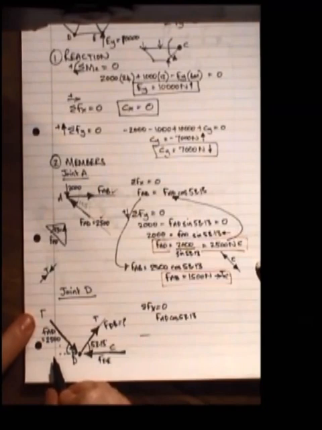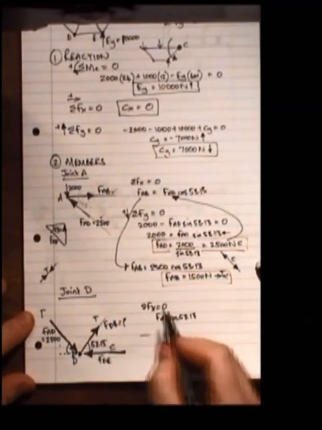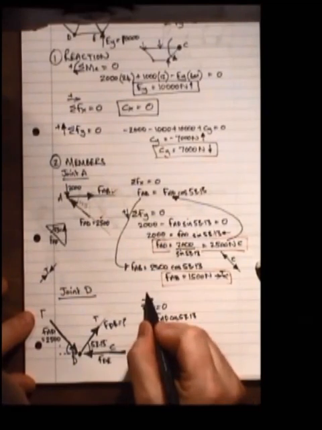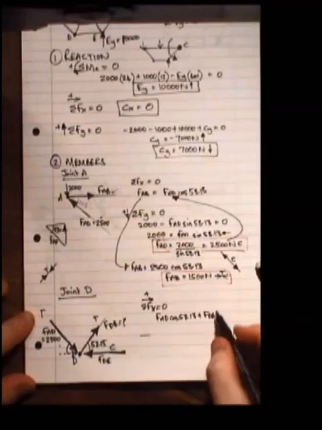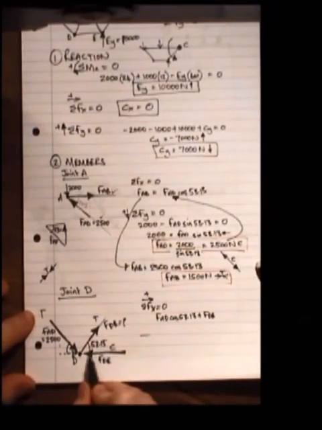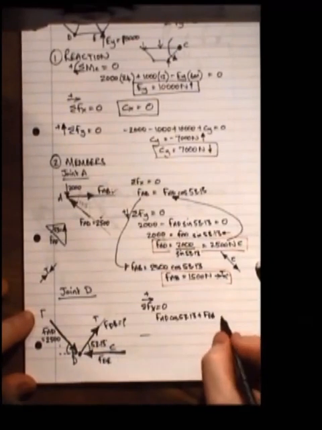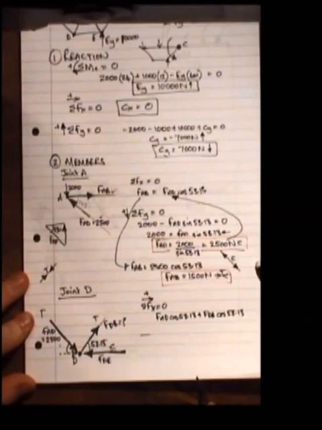We also have FDB, so I'm saying everything that's going in this direction is positive, so we've got plus FDB. How much of this FDB is acting horizontally? It's cosine 53.13.